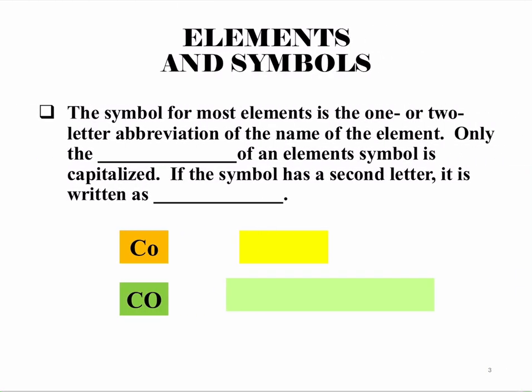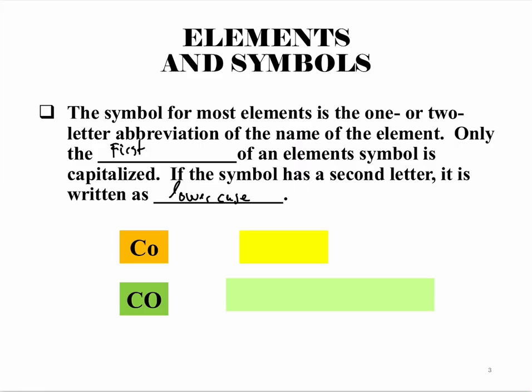Okay, and so how do we symbolize elements? Usually they're one or two letter abbreviations, mostly two letters. Only the first letter of an element symbol is capitalized. If the symbol has a second letter, it's always going to be in lowercase. The reason we distinguish things that way is because these two symbols here have completely different meanings.